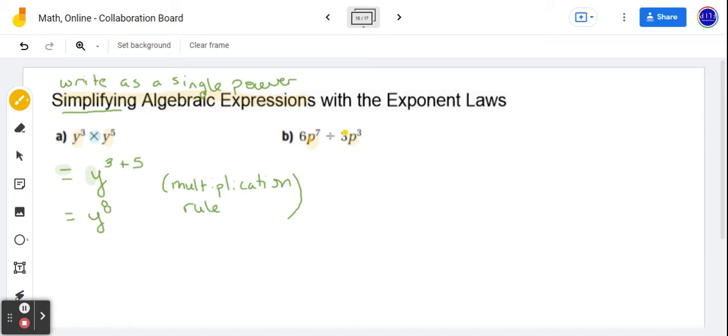They each have a multiplier, so there are several copies of each of those terms, p to the 7th and p to the power of 3. And we're also dividing, so at some point we're going to have to use that division rule when working with powers of the same base. So let's get this started.